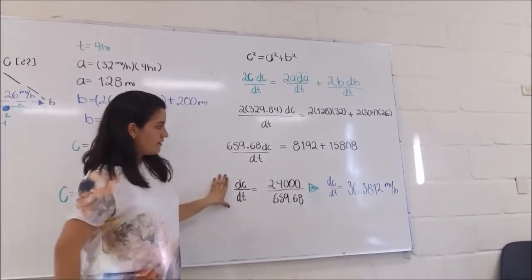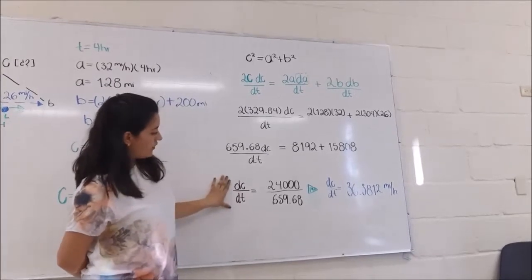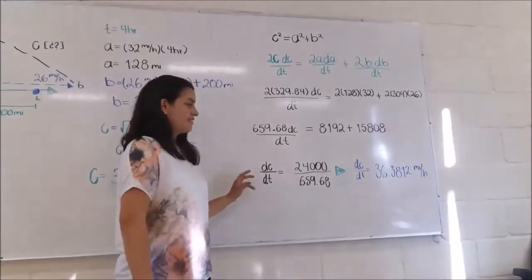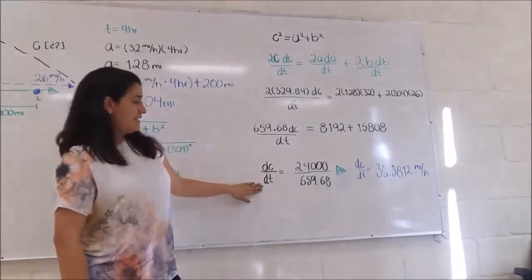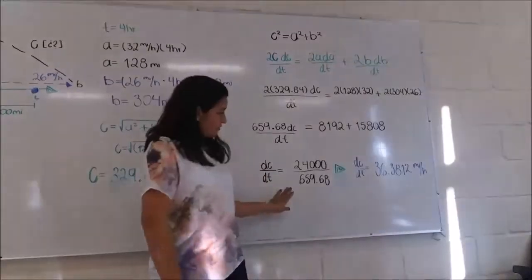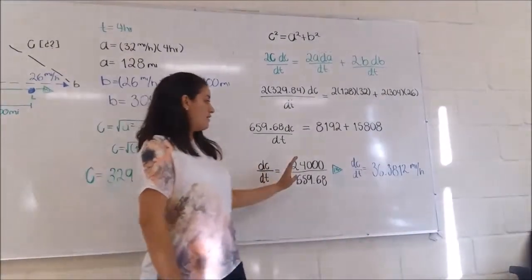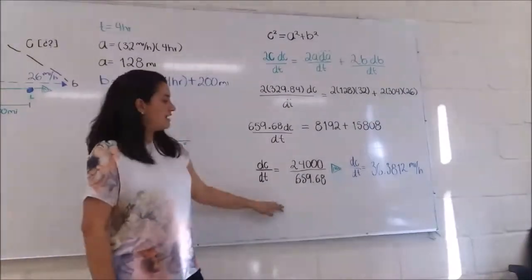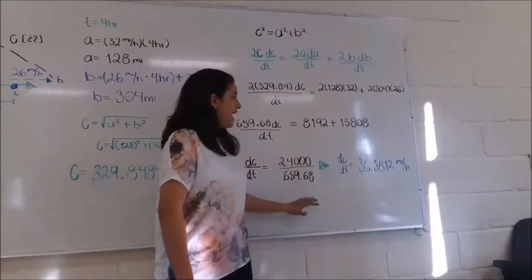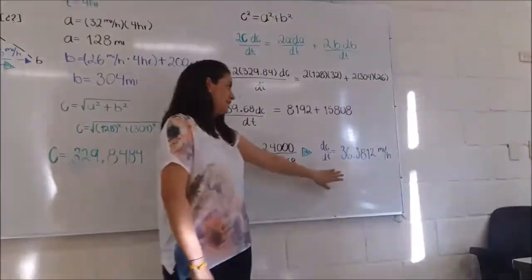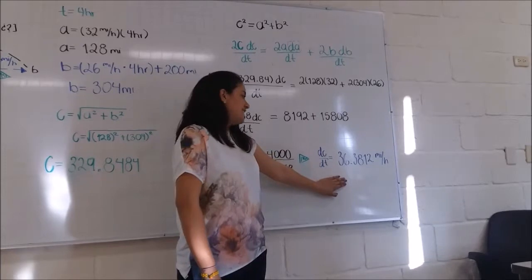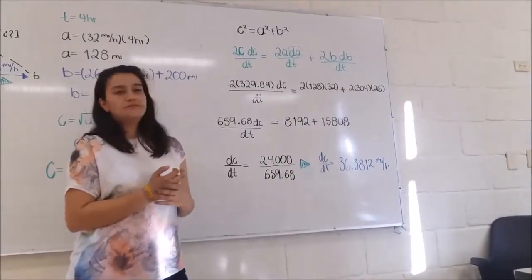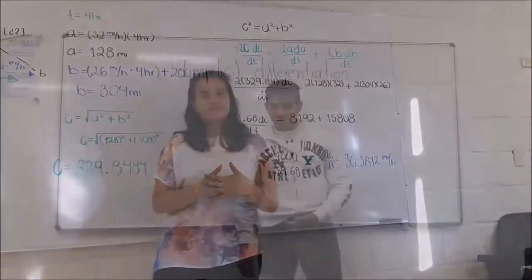So you get the derivative of the hypotenuse respect to time, that is equal to 2,400 over 659.68. And the final value, that is 36.3812 miles over hours.